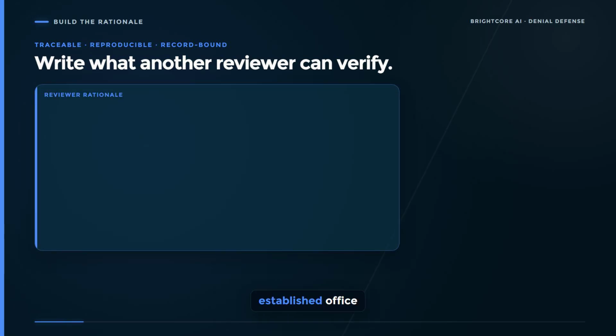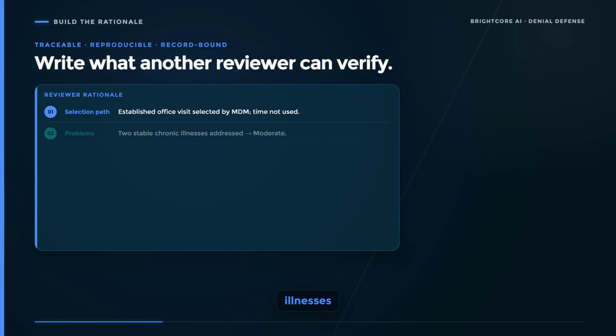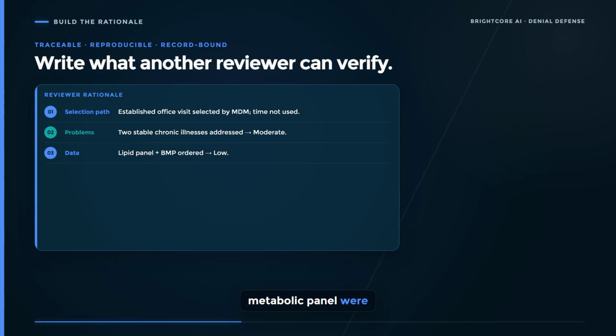Here is the rationale another reviewer should be able to reproduce. This is an established office visit selected by MDM. Total time was not documented and was not used. Two stable chronic illnesses, hypertension and dyslipidemia, were addressed, supporting moderate problems. A lipid panel and basic metabolic panel were ordered, supporting low data.